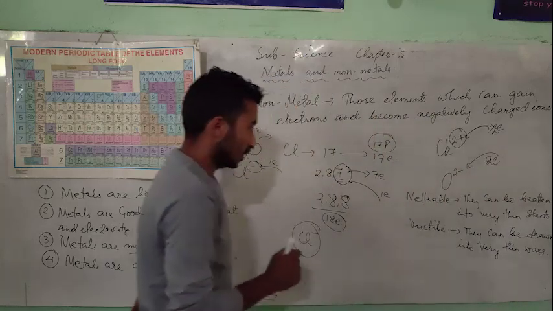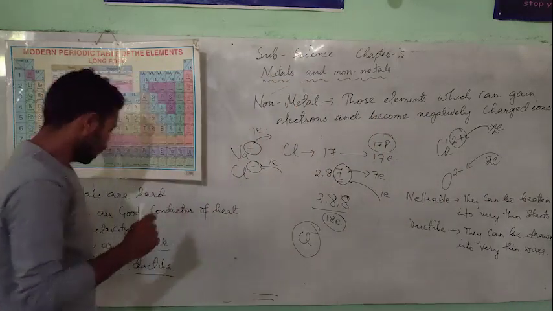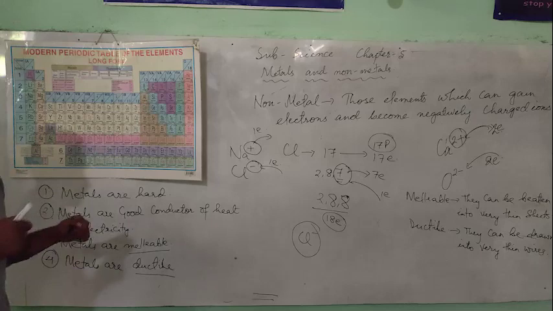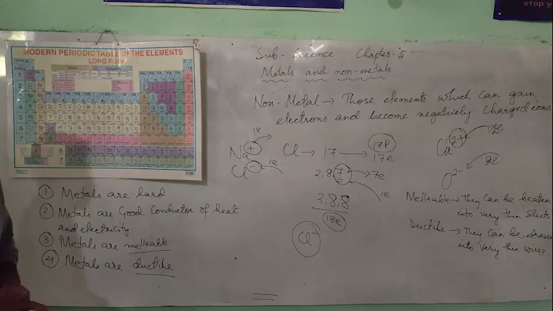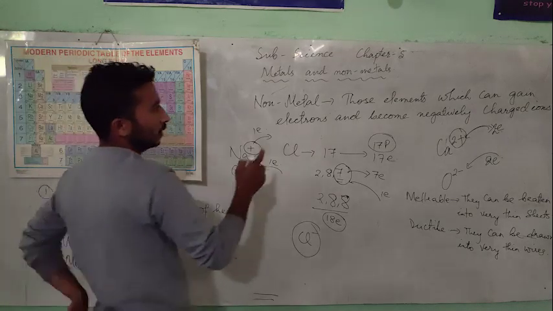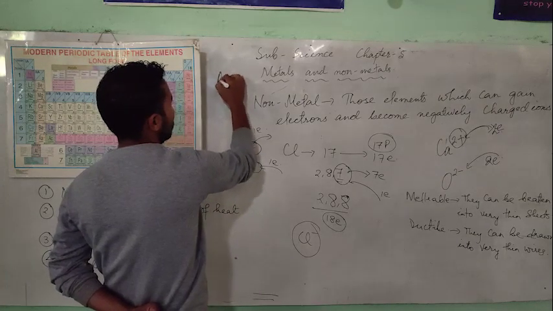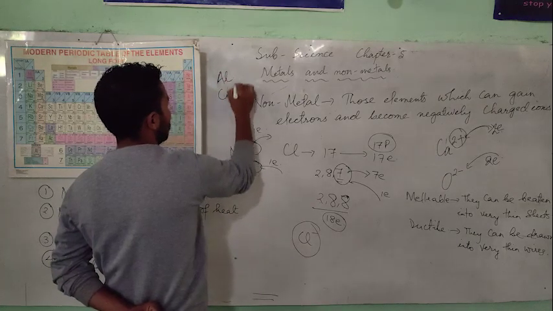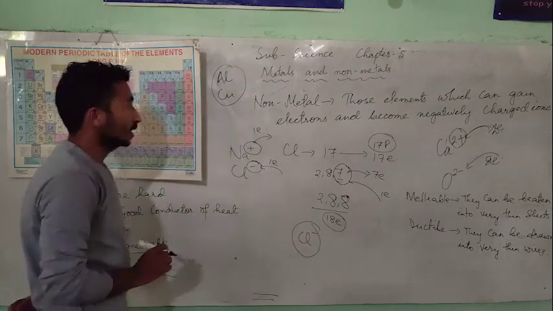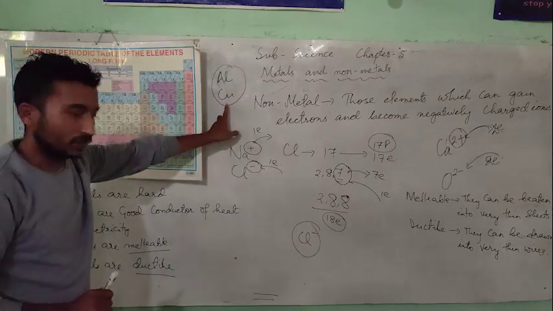So metals are ductile. It means we can make a very thin wire out of metal. Because of this, most of the wires which we use in our homes are made of aluminium or copper. This is because aluminium and copper are metals and we can convert them into very thin wires.